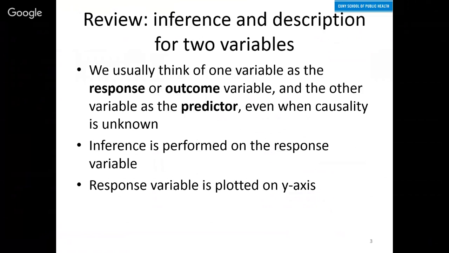And we often think of them this way, relating to our hypothesis, and even when causality is unknown, because regression procedures are formulated in this way, with an X variable, the predictor, and a Y variable, the response. And inference is performed for association between that predictor and the response variable.